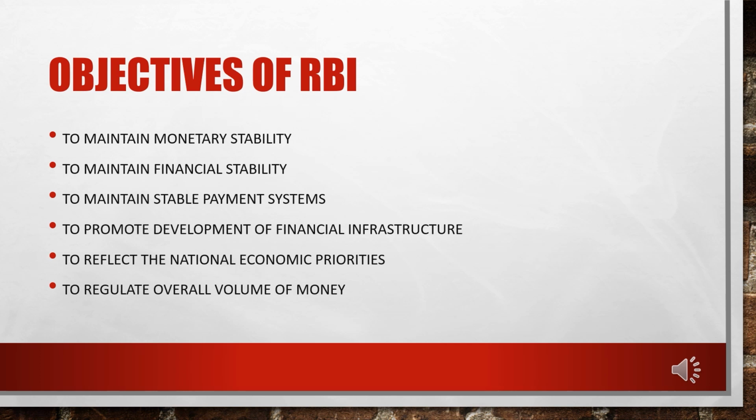So RBI tries to ensure that the financial sector should be stable, at least the banking sector should be stable and able to withstand credit risk. The instability and failure of banks should be minimized, as banks are the payment gateway of this particular system.